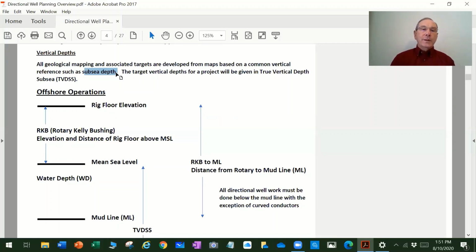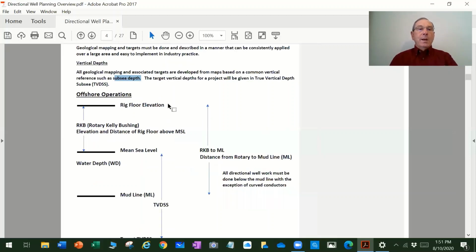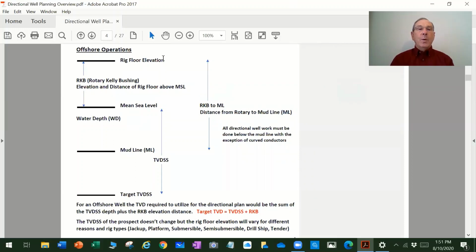And so, for instance, on an offshore location, we're going to have the rig floor elevation that's going to be at some height above mean sea level. So like I say, the geologist describes his target TVD subsea, which is below sea level. So we have to adjust that depth to a depth that's going to be our depth for our particular rig operation.